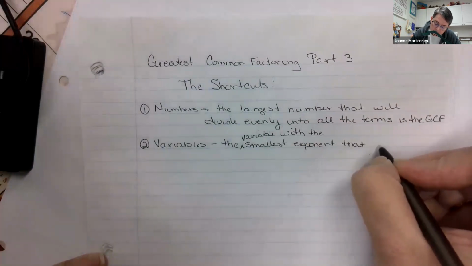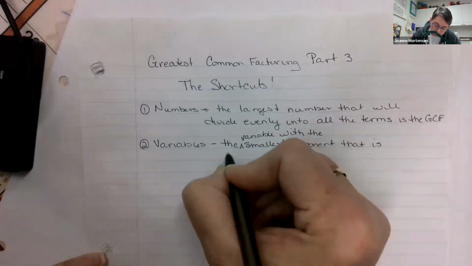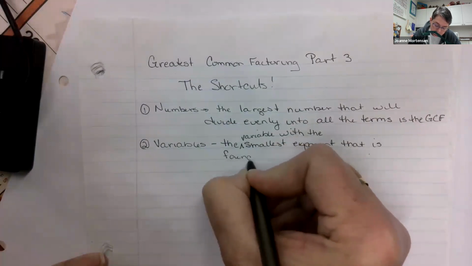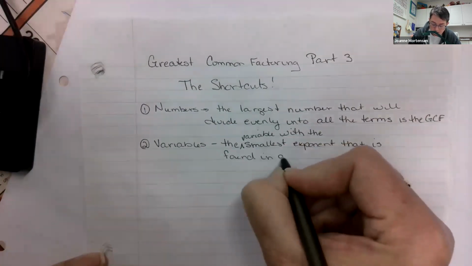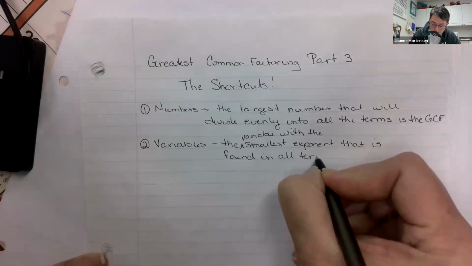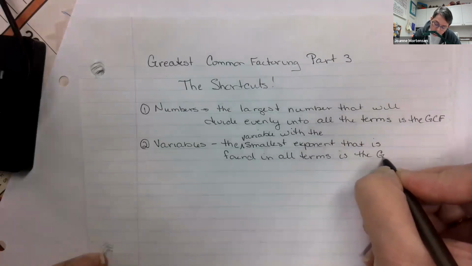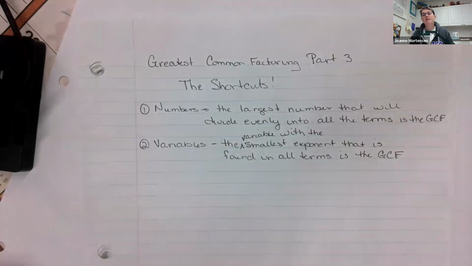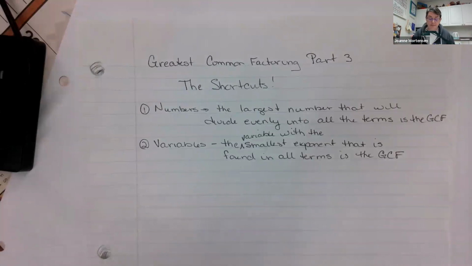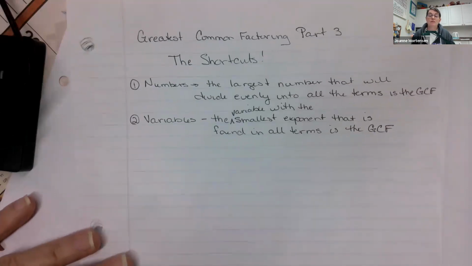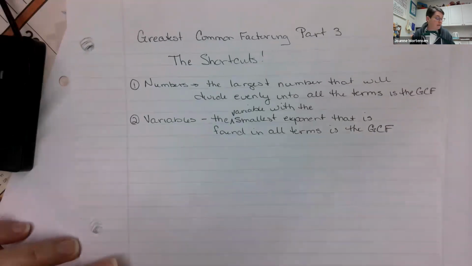And that's, I think, where this part gets confusing, because it's the biggest number and the smallest exponent. It'd be nicer if it was both biggest or both smallest. Either way, don't care. All right, let me show you what I mean.